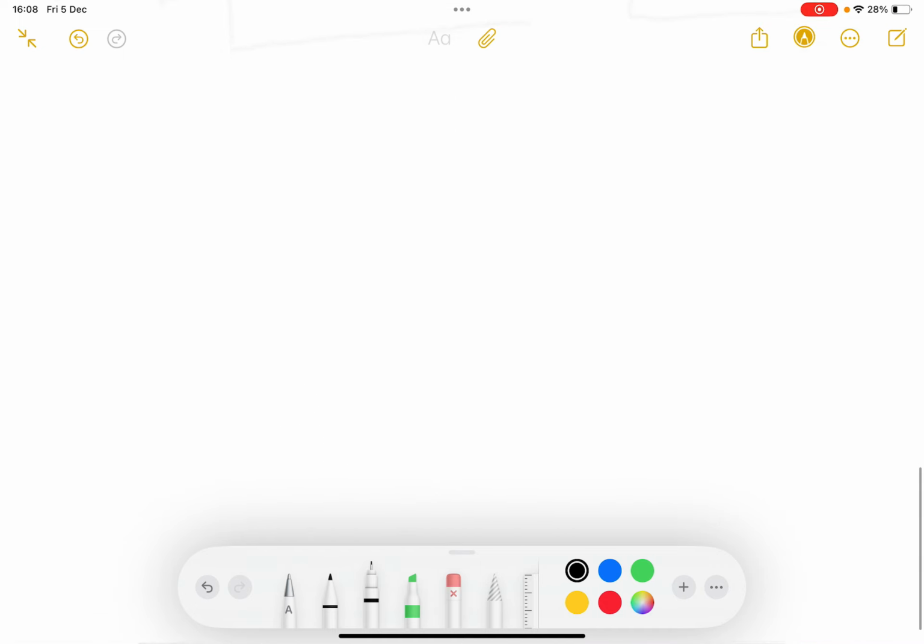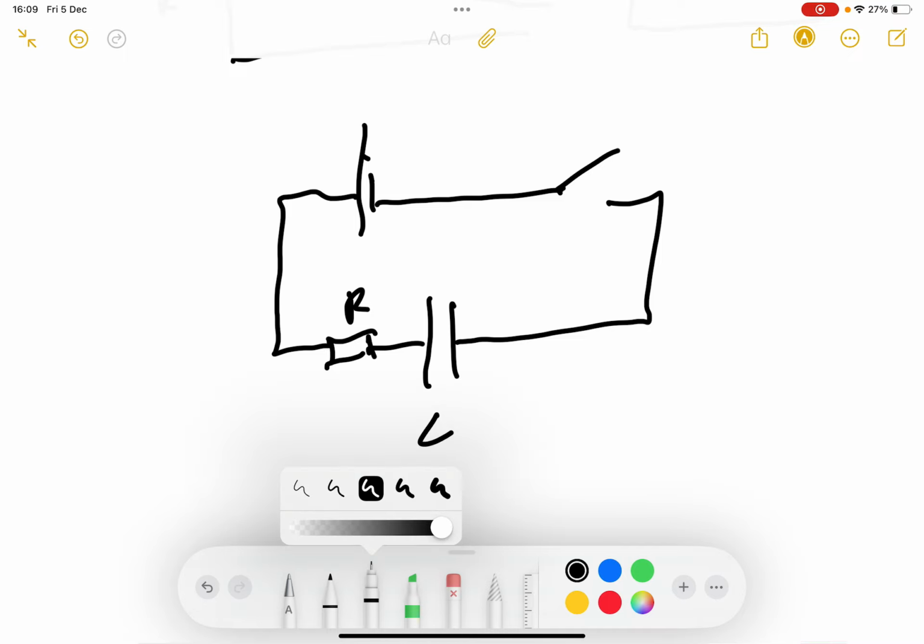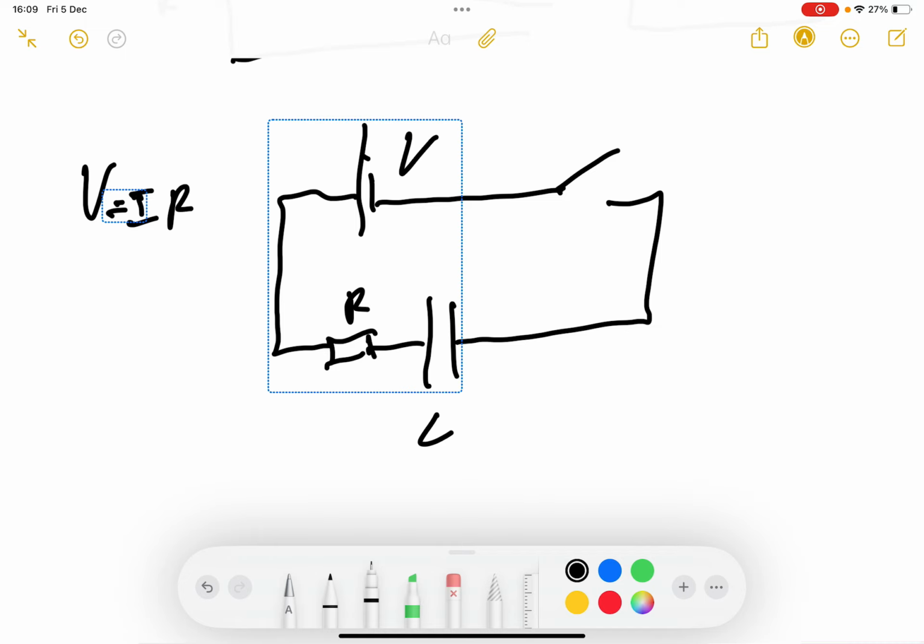So you should have probably drawn this to start with. If we have the circuit for this, there's the battery, there's the resistance R, there's the capacitor, and then we might have a switch. When we close the switch, the current starts to flow. We can just use V equals IR, where V is the voltage of the battery, to find the initial current. And with time, for the capacitor, its voltage and its charge rise.